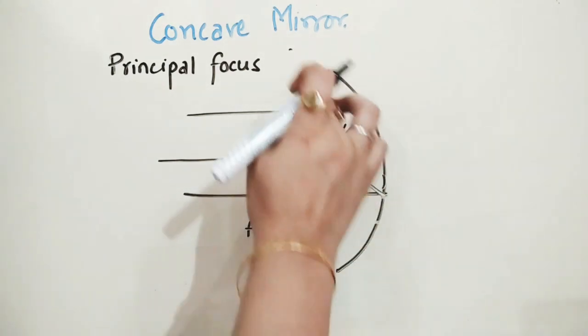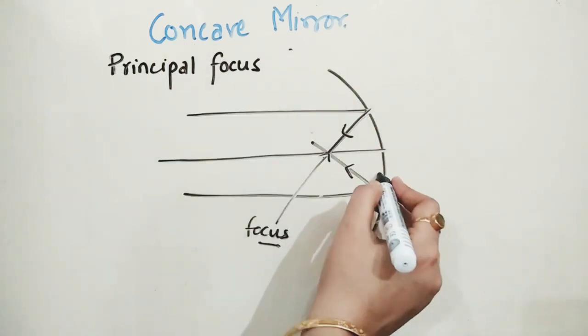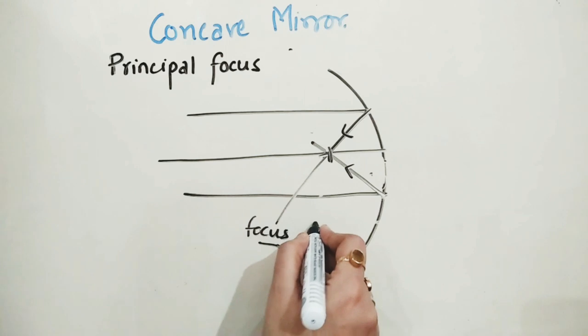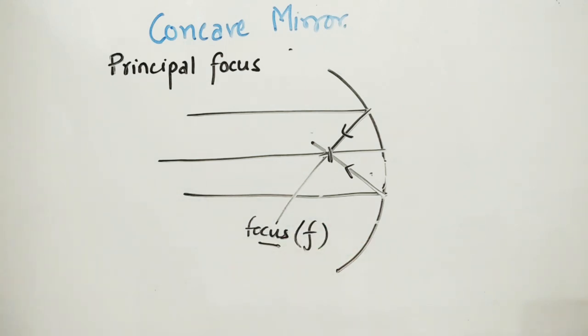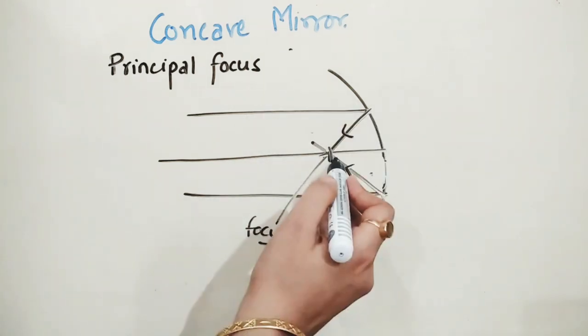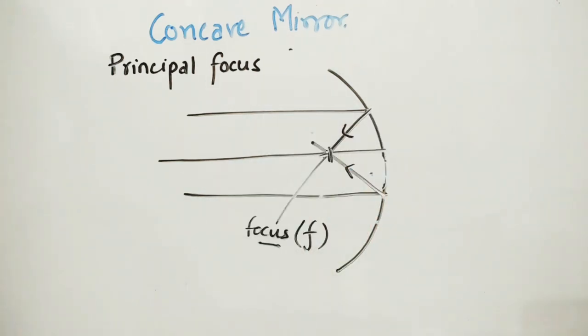For example, if this is the concave mirror and this is the reflecting side, the focus is present in front of the mirror and it is represented by small f. So we can say that the focus is the point towards which all the parallel rays converge.